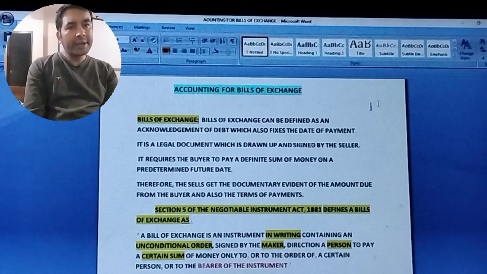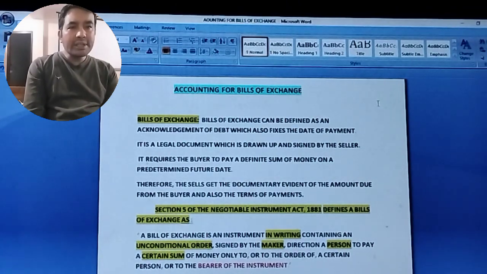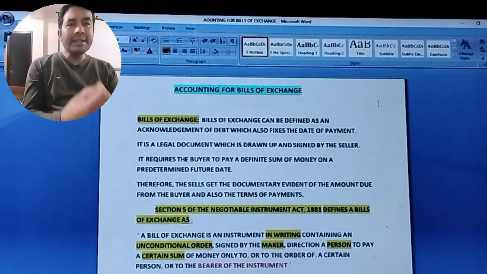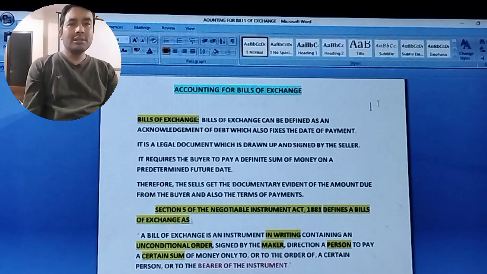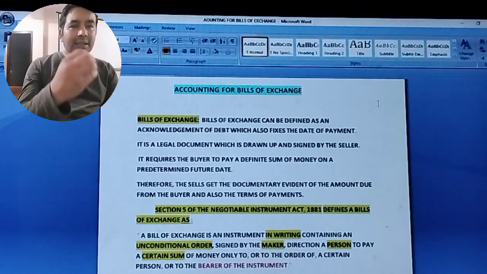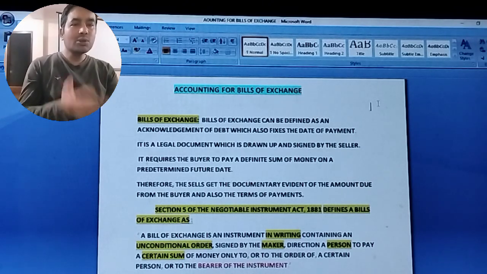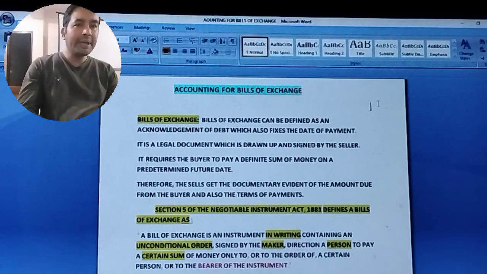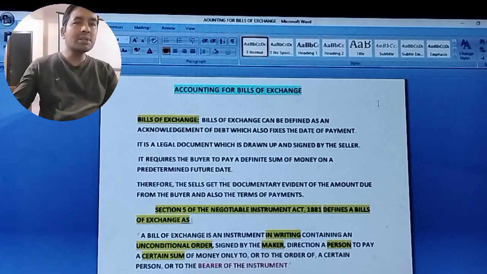So let us try to understand the comprehensive meaning of bills of exchange. See, bills of exchange can be defined as an acknowledgement of debt which also fixes the date of payment. What does it mean? It ensures the buyer that he has purchased goods on credit and he must pay the required amount to the seller on the date mentioned therein.